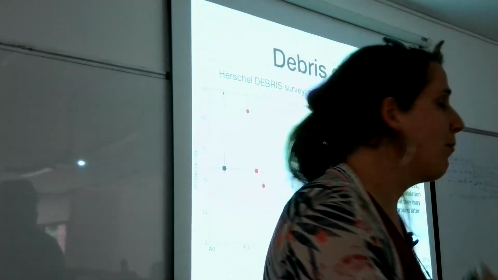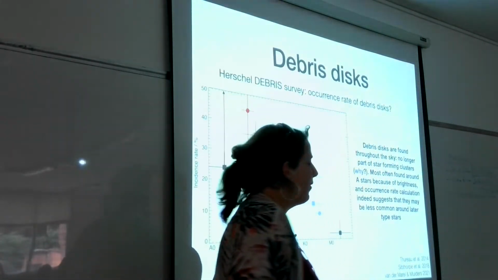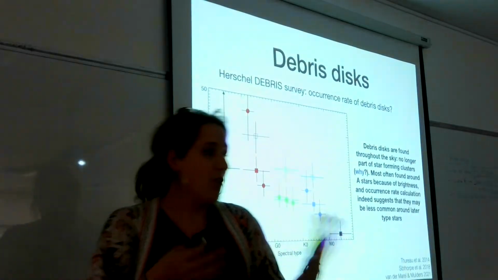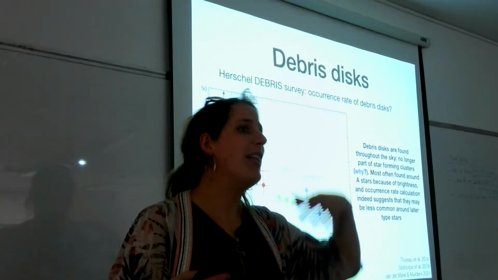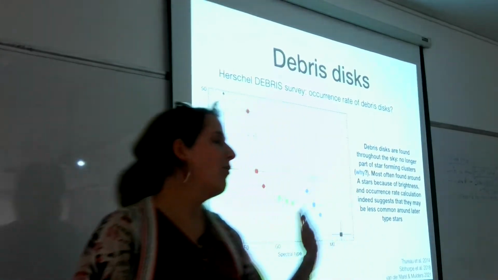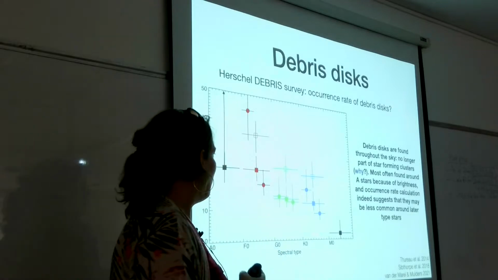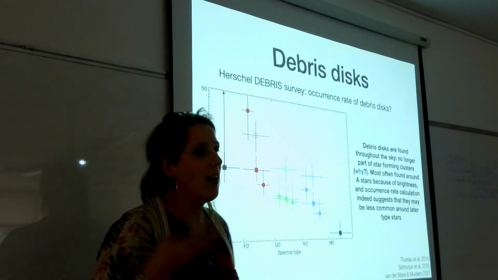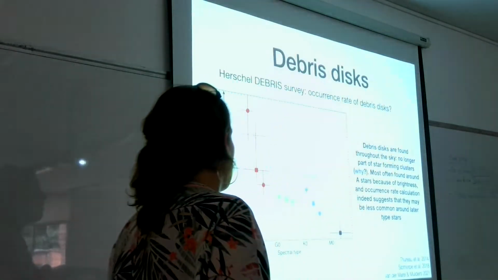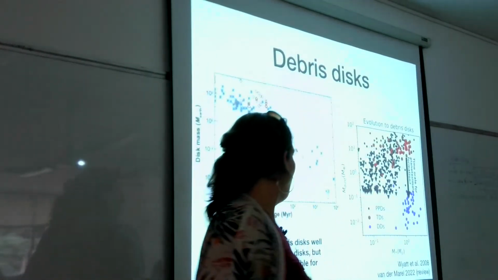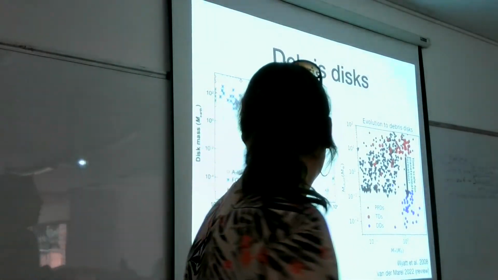So there are some spectral type effects. Debris disks are often found around A stars because of brightness, but even if you correct for this sensitivity bias, they are more common around A stars. But in terms of substructure in debris disks, there's really nothing that we can say yet.